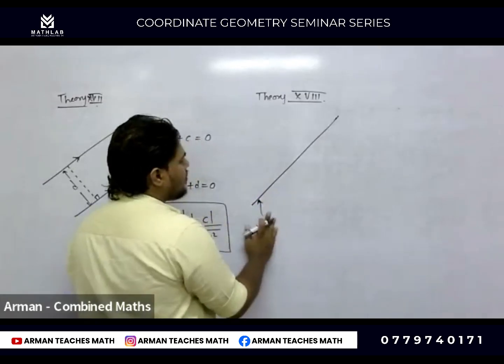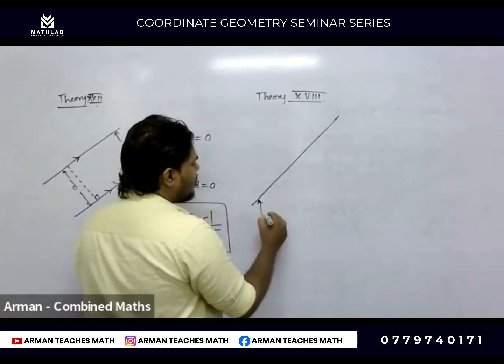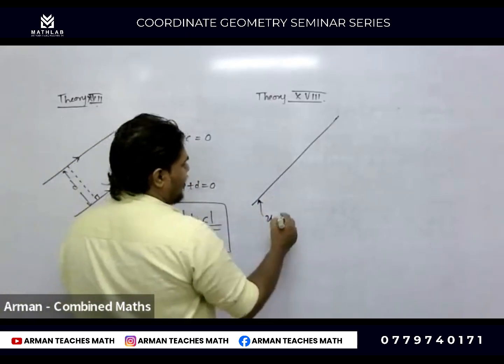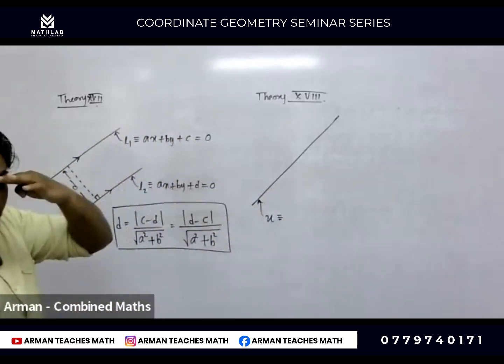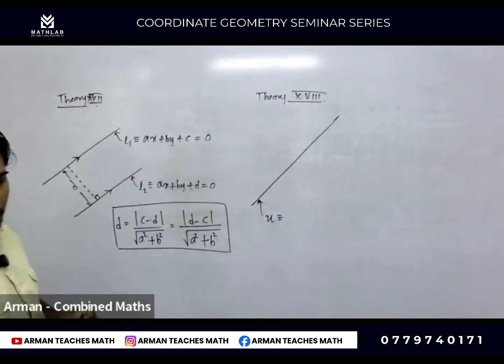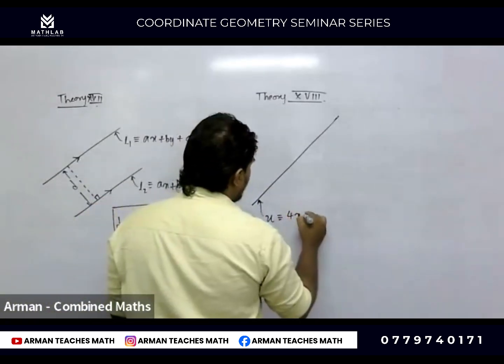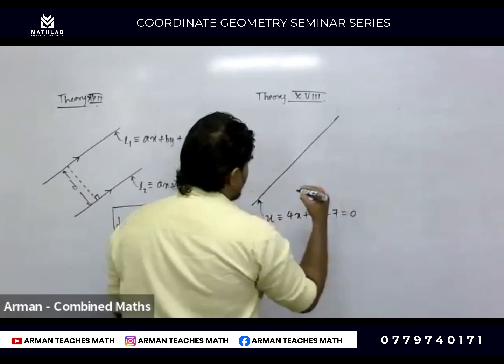Let's take the straight line segment as u. In papers, you will see the u is written. You can draw this with me. Draw and write: u is equal to 4x plus 3y plus 7, equal to 0.